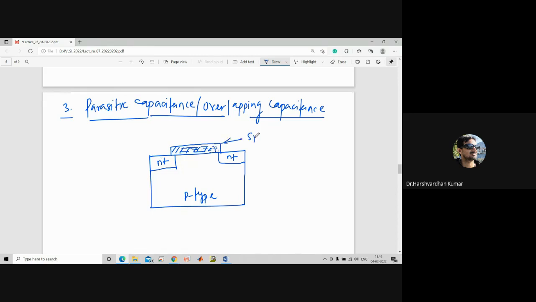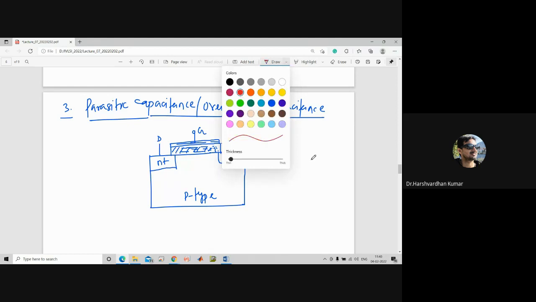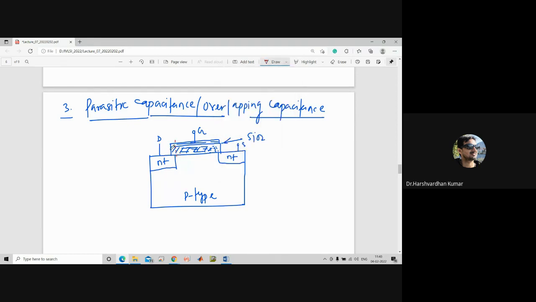This is SiO2, and this is the metallic contact, that is gate, drain, and source. Here, let me change the color. You can see this region is the overlapping.